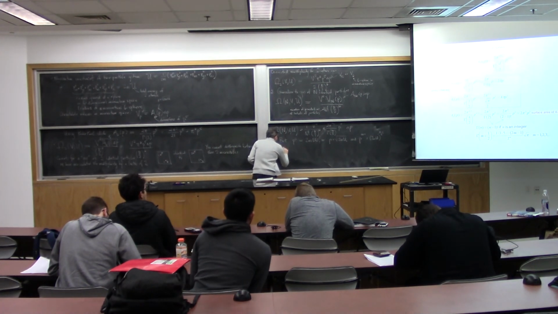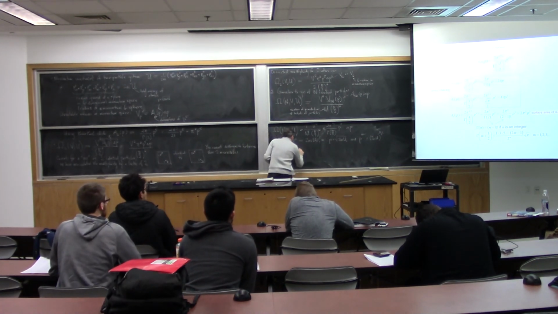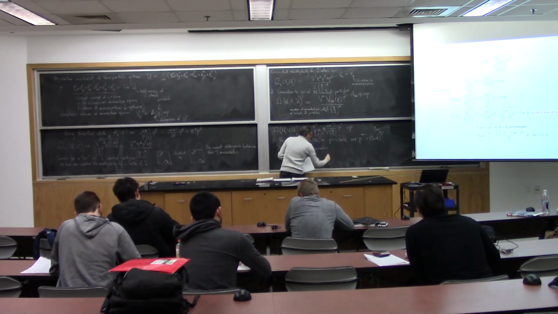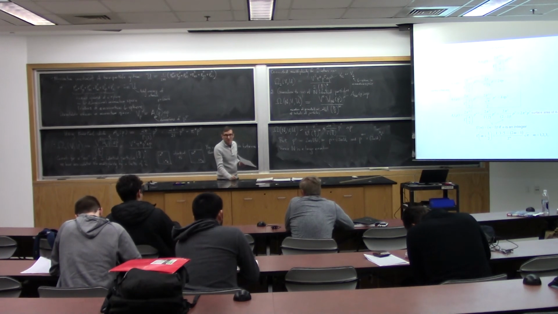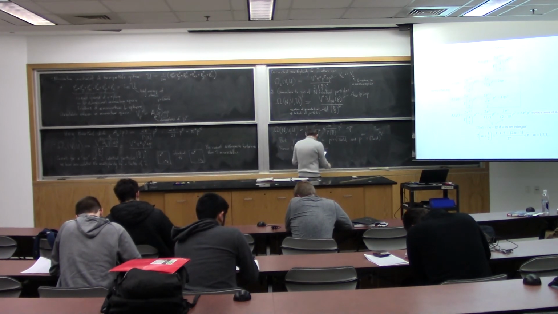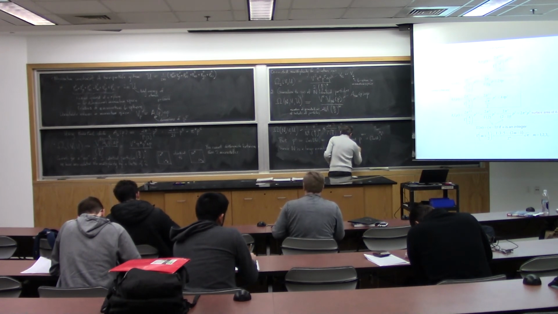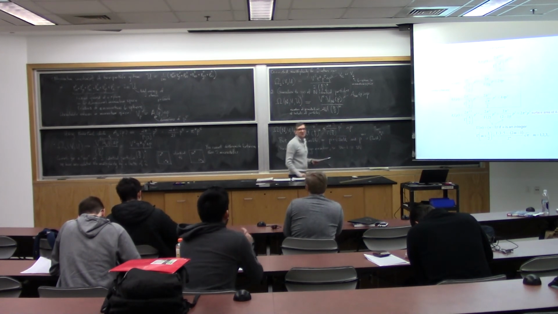Next thing. Remember, capital N is going to be a large number. Right? Think Avogadro's number. So, 3n minus 1, oh, for all intents and purposes, that's 3n.